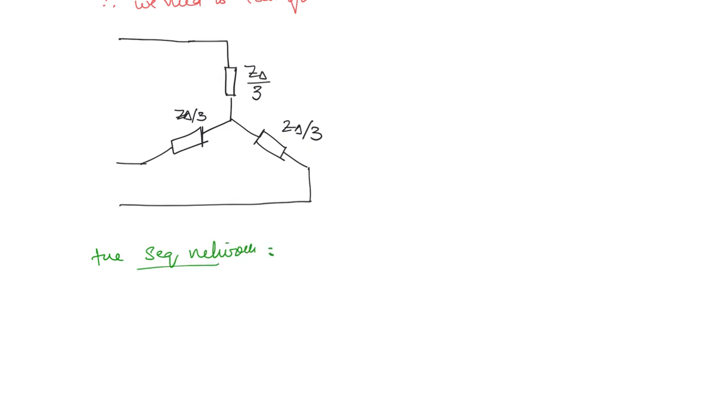Essentially they are the same, except that here the impedance will become divided by 3 because we are first transforming into the star. So Z delta by 3, and here you will have IA1. What is the impedance here?